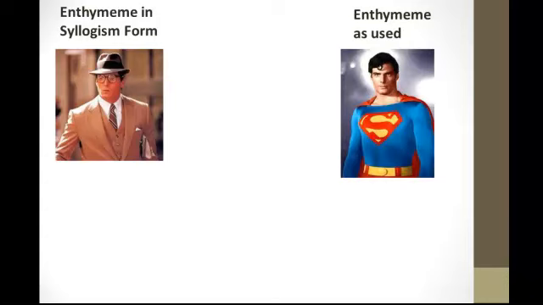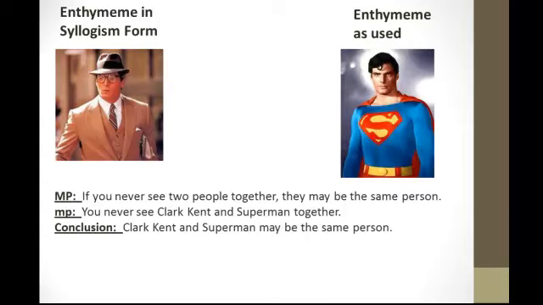Let me give you an analogy. Enthymeme in syllogism form is like Clark Kent. All right, and you can see where this is going. So this is the syllogistic form of the enthymeme, a little more formal. And then we have the enthymeme as it's actually used, which is, of course, Superman. Here we go.